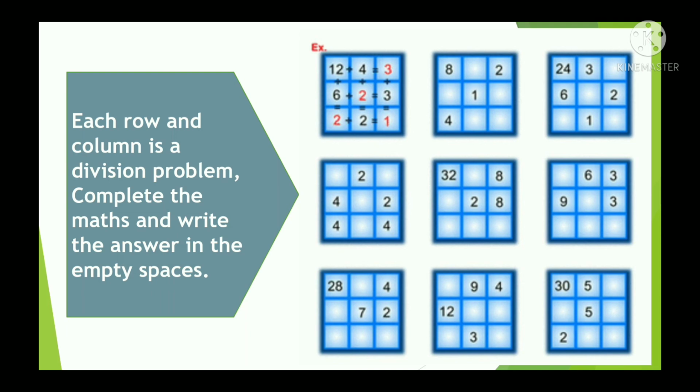As I have told, each row and column is a division problem, so you just have to find out which number is suitable for which blank space. Just solve these problems in your copy, and you can also solve the questions from the book for division. I hope you have understood all the topics from this chapter.